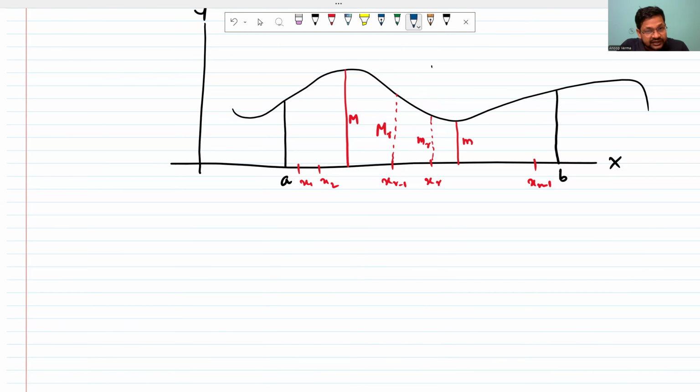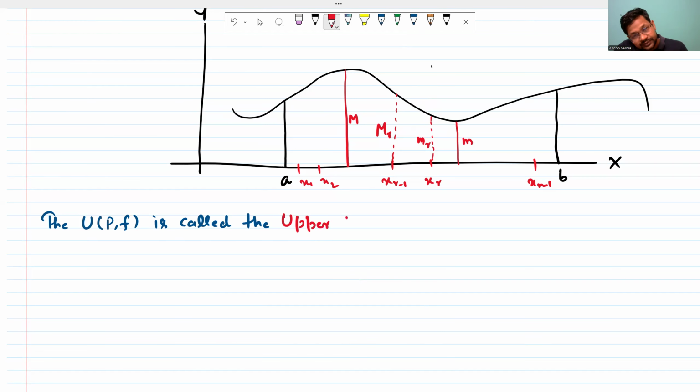So you can just write here U(P, f). Okay, it's called the upper Riemann sum.